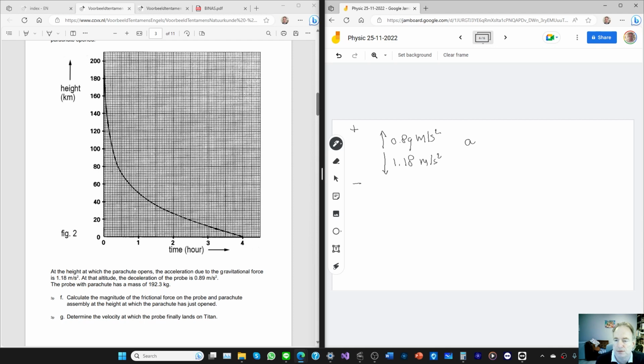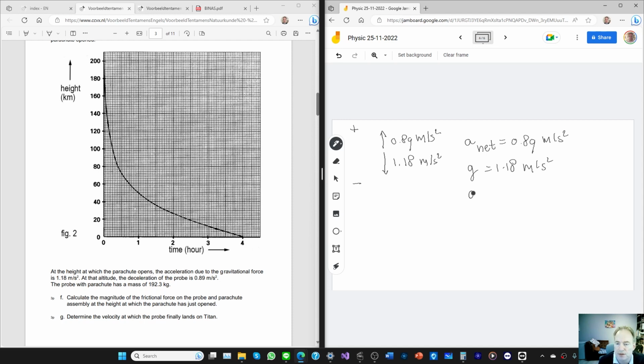So a net or resultant, or however you want to call it, 0.89 meter per second squared. The acceleration due to gravity, or let's just call it g, is 1.18 meter per second squared. So the difference is coming from the total friction of the probe and the parachute.